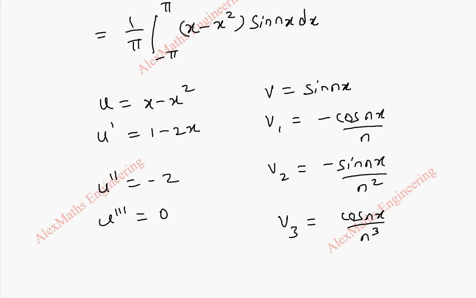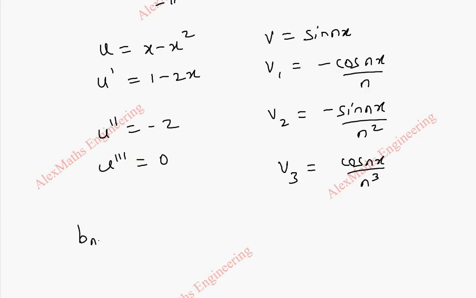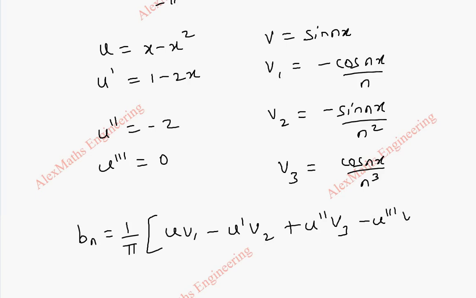Now the bn value is 1 by pi, and we are going to write the Bernoulli's formula: uv1 minus u dash v2 plus u double dash v3 minus u triple dash v4 plus and so on.